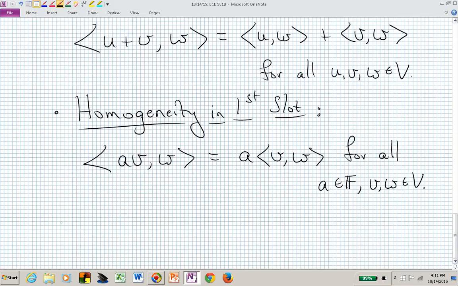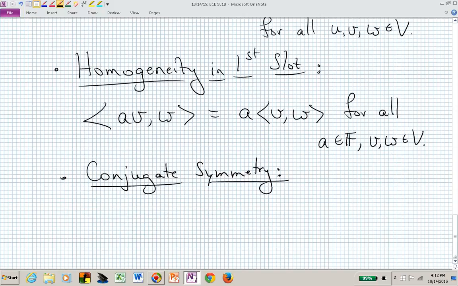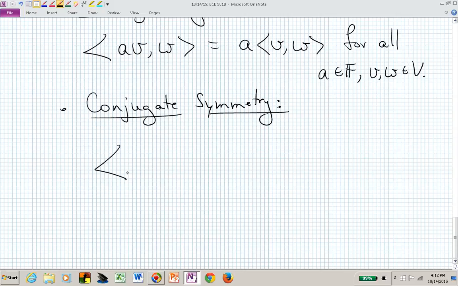And the last property that we want this inner product to possess is conjugate symmetry. That means if we take v and w, its inner product is equal to the complex conjugate of the inner product of those two vectors with slots interchanged.